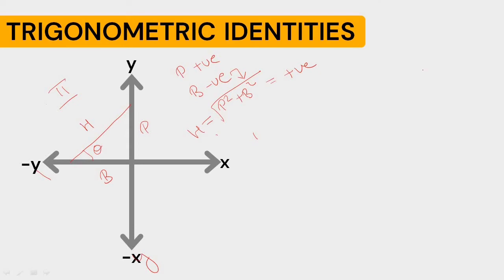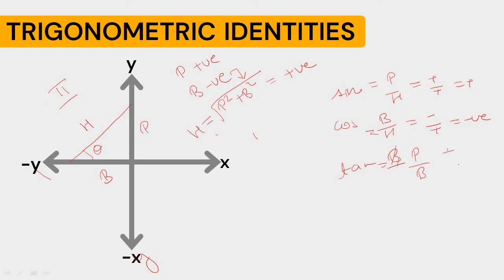So for sine, cos and tan, what will happen? Sine, which is perpendicular upon hypotenuse, is positive upon positive, which will come positive. What is cos? Base upon hypotenuse, and base is negative, so it will come negative. And what is tan? Perpendicular upon base.